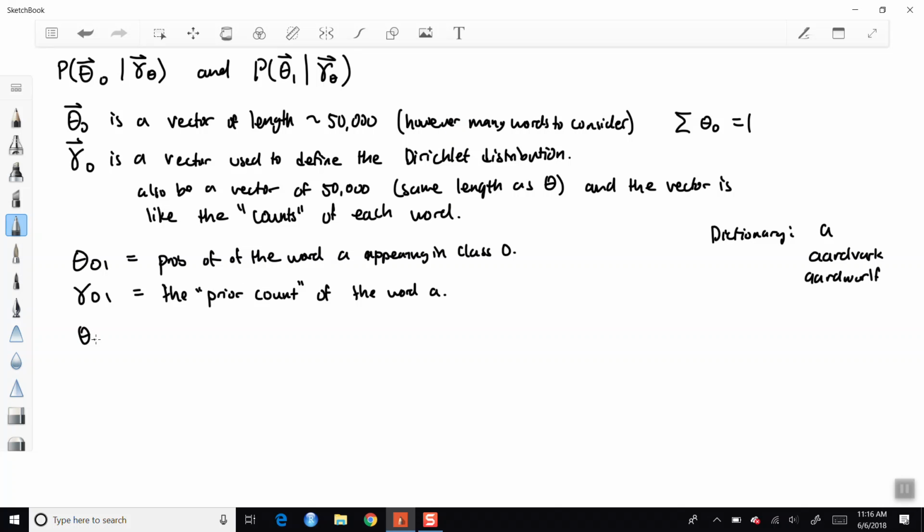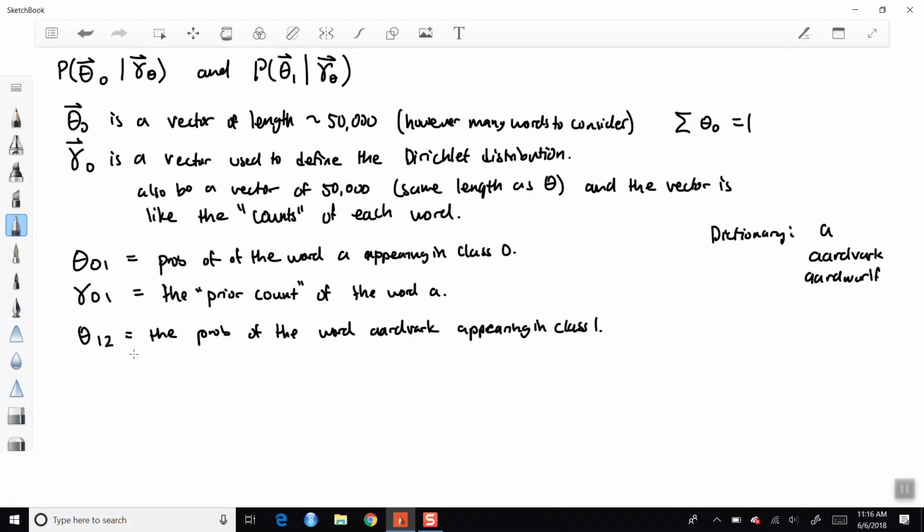And likewise, theta 1, 2 would be the probability of the word aardvark appearing in class 1, and gamma 1, 2 would be the prior count of the word aardvark for class 1.